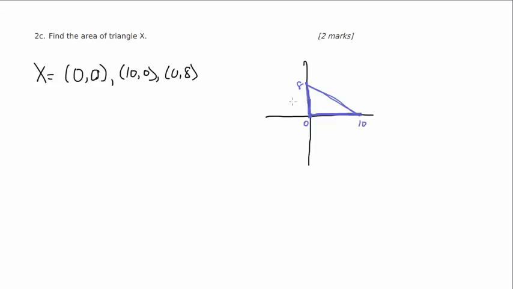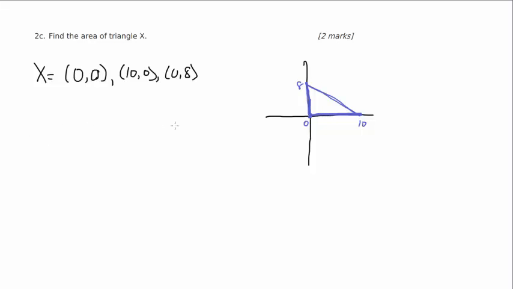And part C wants you to find the area of triangle X. So we had just found out the coordinates of triangle X: 0, 0, 10, 0, 0, 8. And to visualize that, I do a quick coordinate graph, and what I can see is it makes a nice right triangle.